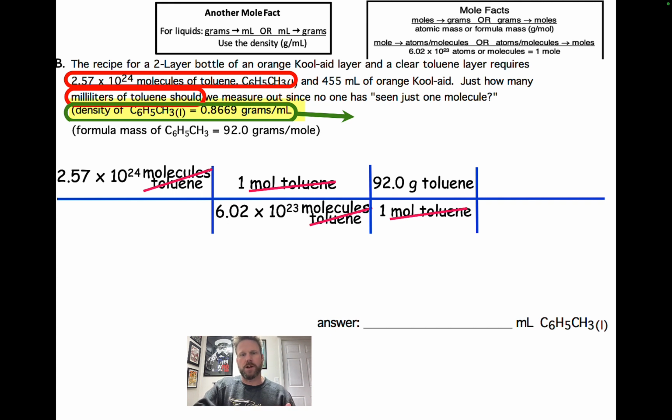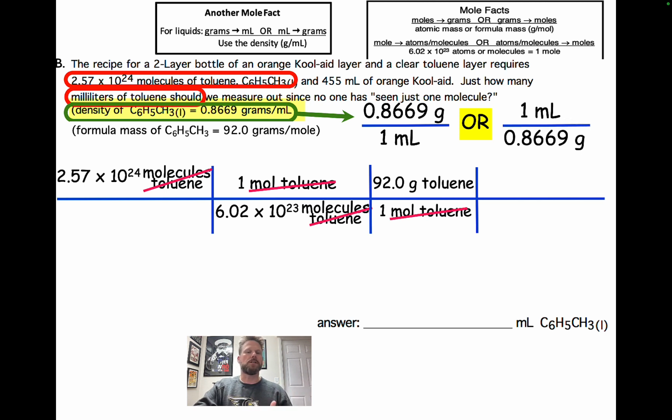This conversion could be written two ways: 0.8669 grams of toluene per 1 milliliter of toluene, or 1 milliliter of toluene per 0.8669 grams of toluene. Grams have to cancel. So 0.8669 grams of toluene will go in the bottom section of the train track, leaving 1 milliliter of toluene to go in the top portion. This causes grams of toluene to cancel, leaving us with milliliters of toluene.